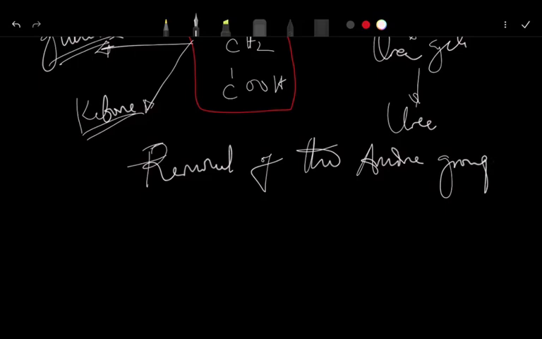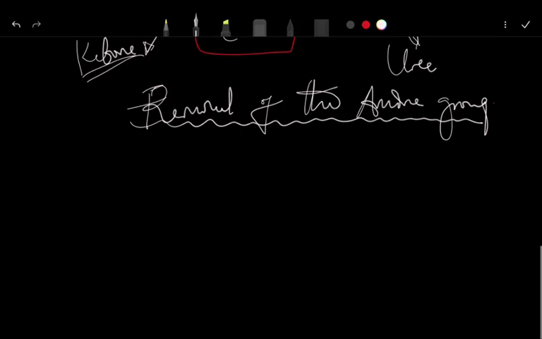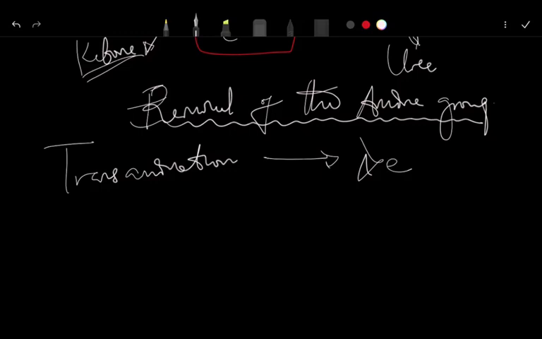Now in removing the amine group, what we usually do first is the transamination reaction, which is followed by the deamination reaction. So the first thing to do is the transamination reaction. Then you do the deamination reaction.